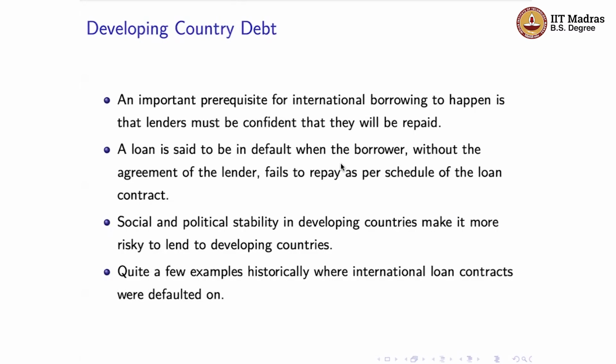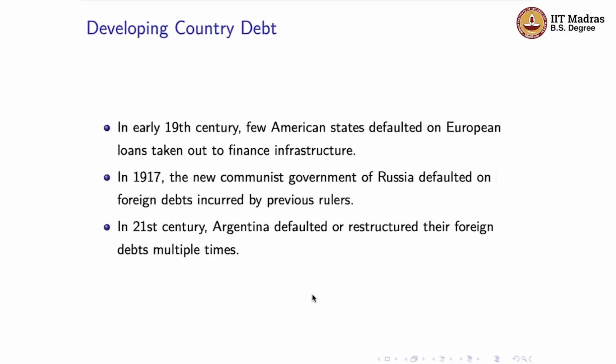And there are quite a few examples historically where countries took out loans from other countries and then were unable to pay back, right? There are several recent examples, in fact, in South Asia. But historically, of course, a lot of countries which are now advanced have also been involved in default. For example, in the early 19th century, a few states in the United States defaulted on loans taken out from Europe to finance infrastructure.